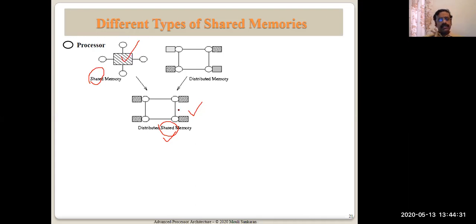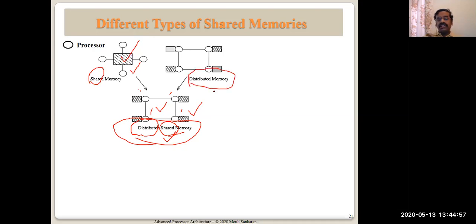One address space is shared between processors. And if the additional word distributed is there, then that shared memory is not located in one place. It is distributed over different physical locations. Once I give you the name, you will be able to imagine which category it falls under.